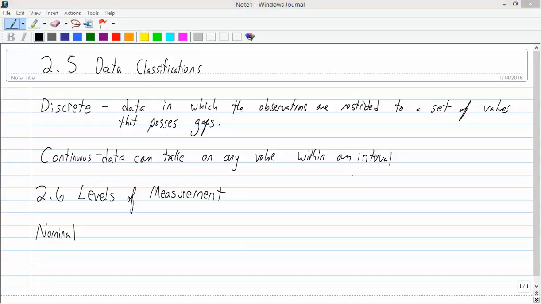All right, the nominal level of measurement is probably the most simple level of measurement, the easiest.